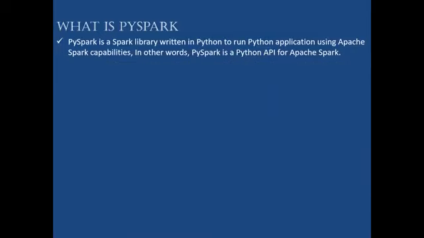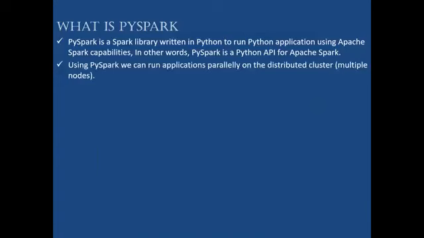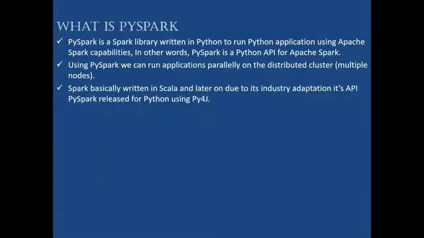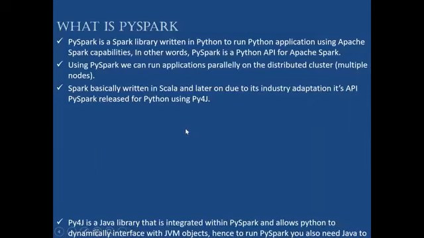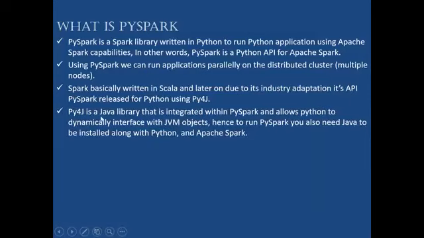Okay, so you can see Py4j. Spark was basically written in Scala. Py4j is a Java library that is integrated within PySpark and allows Python to dynamically interface with JVM objects, Java Virtual Machine objects. Hence, to run PySpark, you also need to install Java along with Python and Apache Spark.